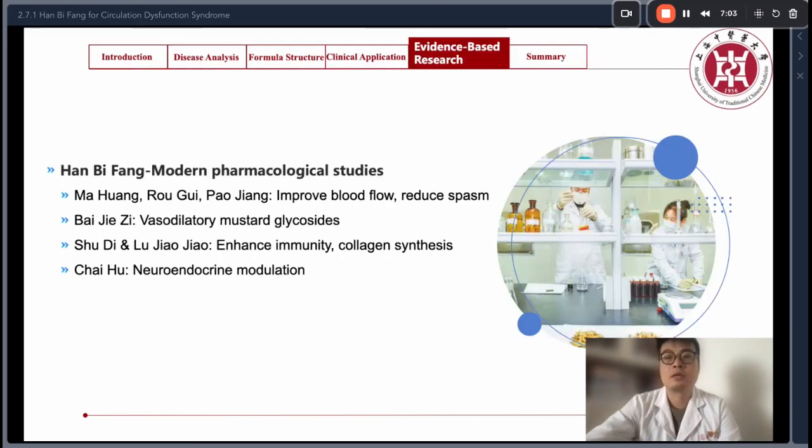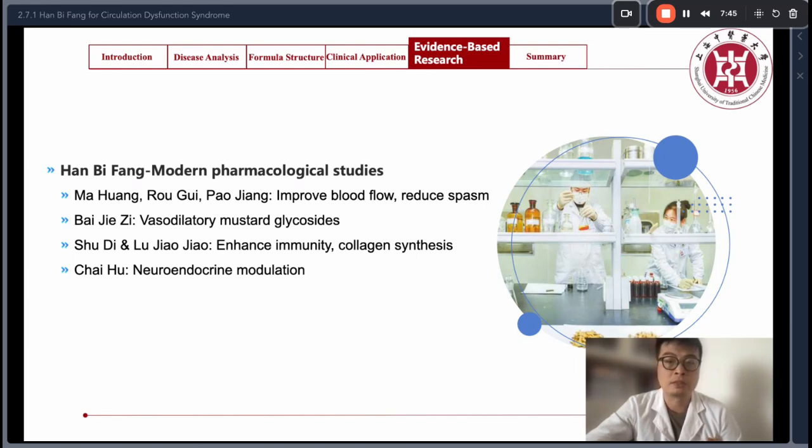cold B patterns. Modern research supports many of the herbs in Han Bi Fang. 肉桂 and 麻黄 increase peripheral circulation, warming up the body and relieving pain. 白芥子 acts as a local stimulant, improving blood flow and reducing inflammation. 鹿角胶 supports collagen regeneration and enhances yang hormone-like activity. 柴胡 plays a surprising role.